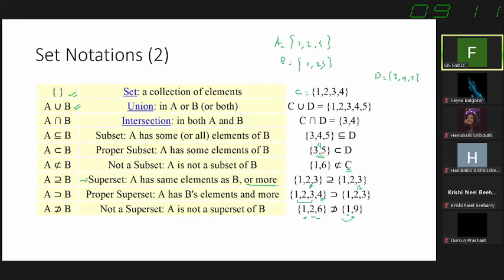Forget about or more. If it has the same elements of B, then it is known as a superset. Okay, if it has the same elements. A proper superset, A has elements of B or more. I'll give you another example.